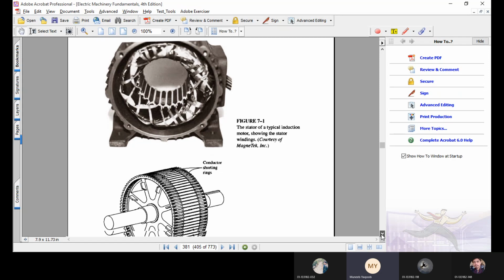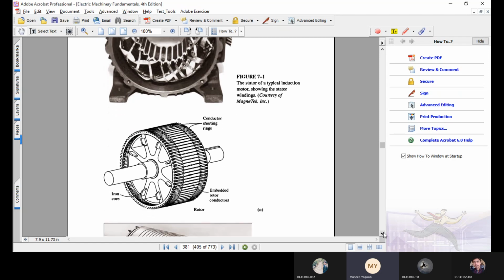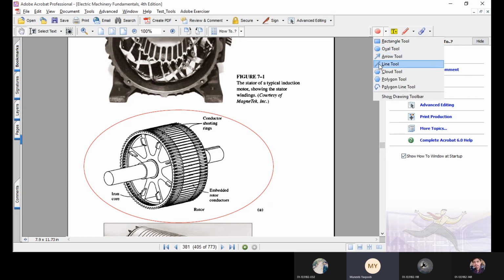Now coming to the construction of the squirrel cage motor. In figure 7.1, you can see this cage. This is basically the rotor of the squirrel cage induction motor, and you can observe that there is a series of conductors.